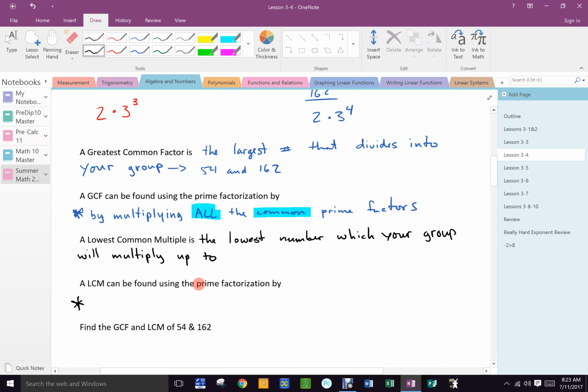An LCM can be found using prime factorization by multiplying all, again, the prime factors, without repeating.